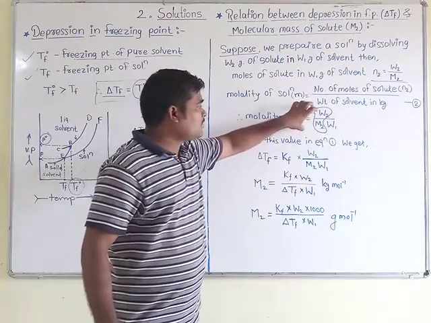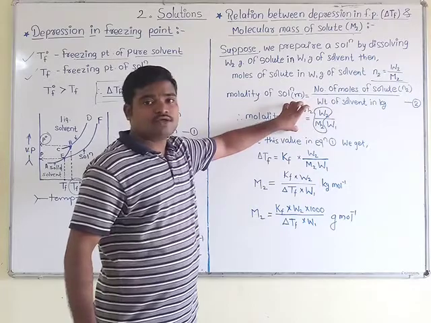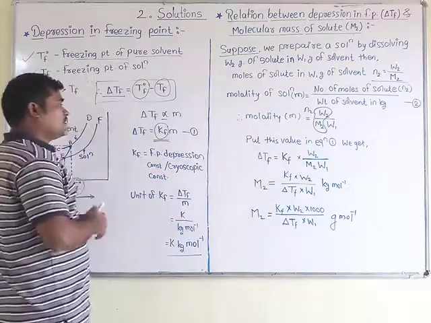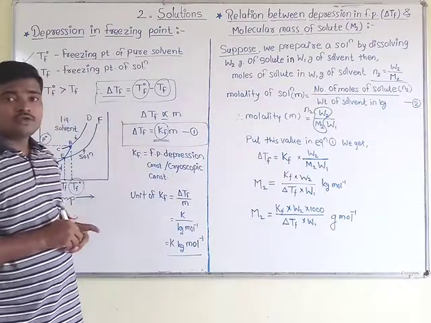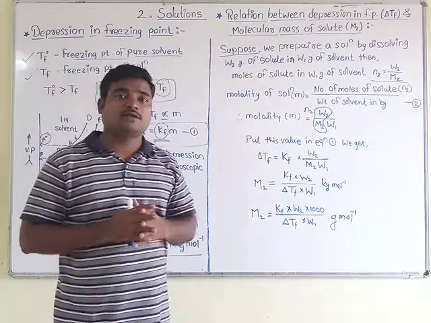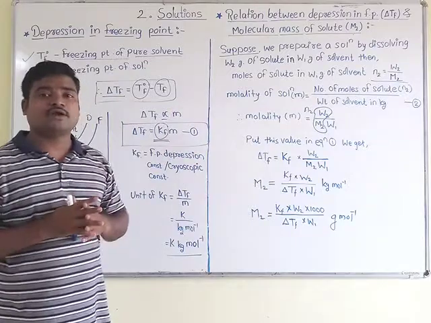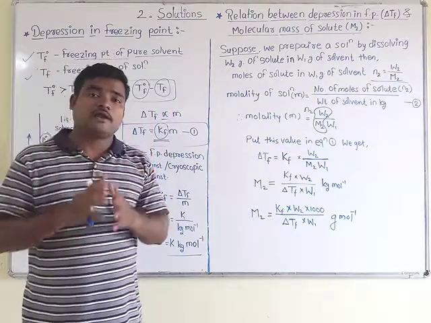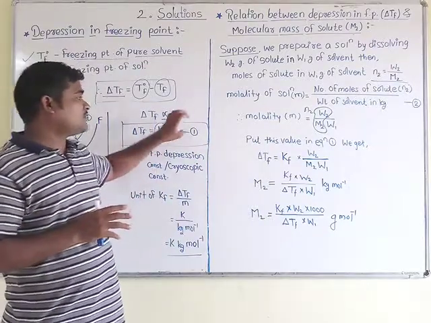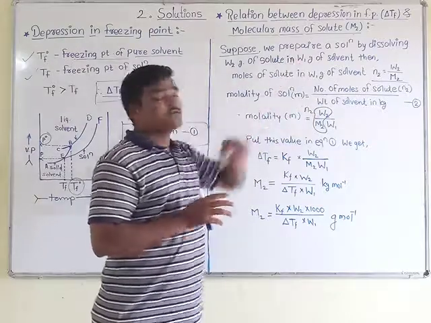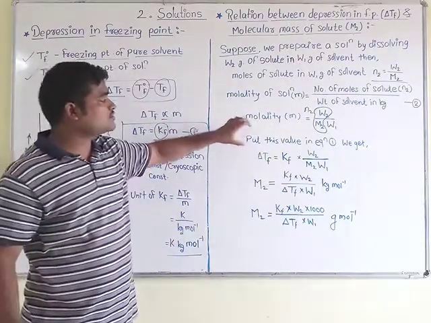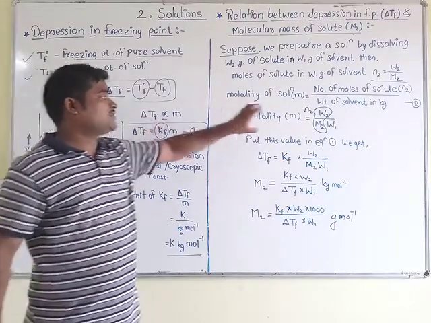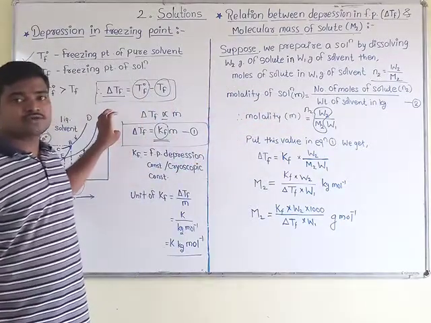Now we are substituting this value of m in equation 1, which we have already written, to show the relationship between depression in freezing point delta Tf and the molar mass of the solute. For that purpose you have to use this equation, and we substitute this value in equation 1.